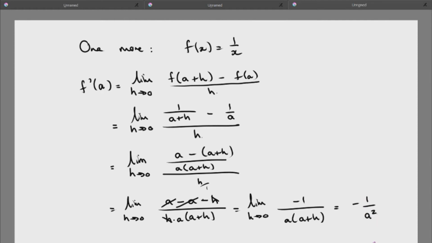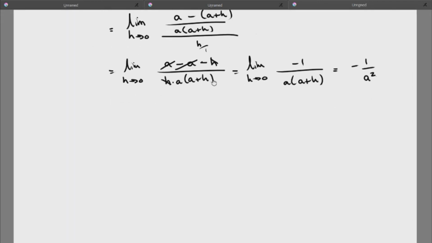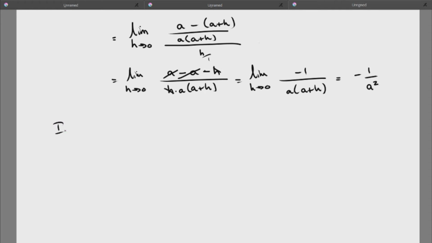And again, okay, that's our basic rational function. I could memorize that if I wanted to, but obviously there are way more other rational functions. This is just one that I start with. It's not going to be that helpful, but we do have it figured out now that if I have my 1 over x function, then the derivative using an x again is negative 1 over x squared.